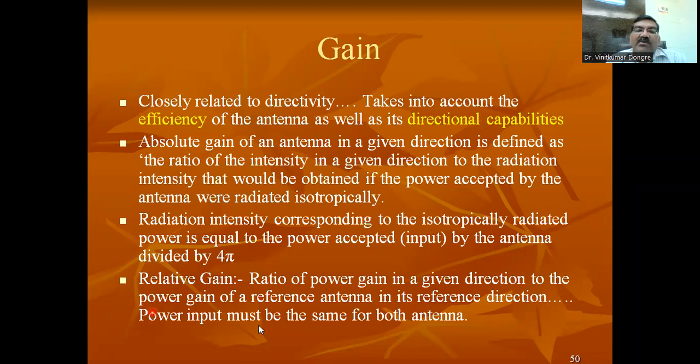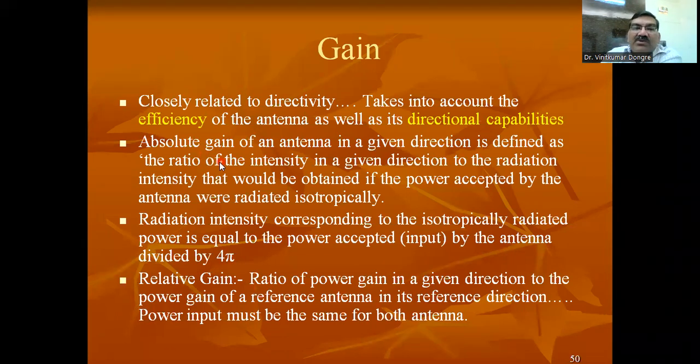The power input must be the same for both antennas. Here we are considering the antennas in two cases. They are not mentioned in the definition, but one is the isotropic antenna and the other is the directive antenna. That is considered.